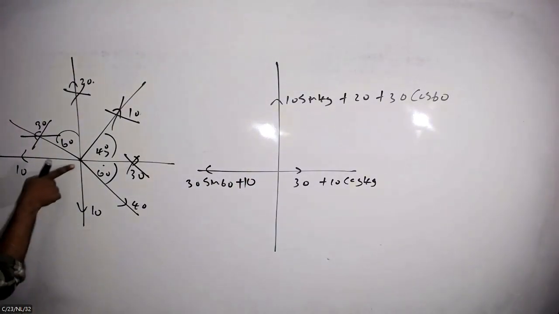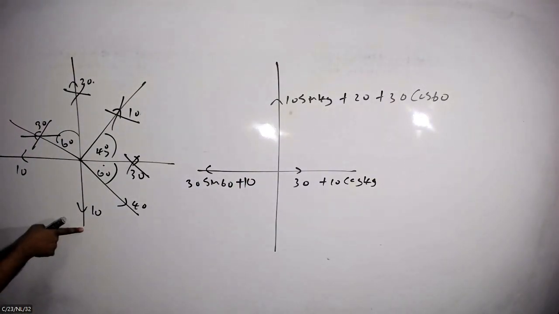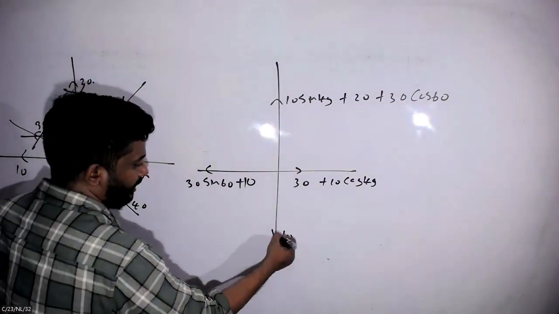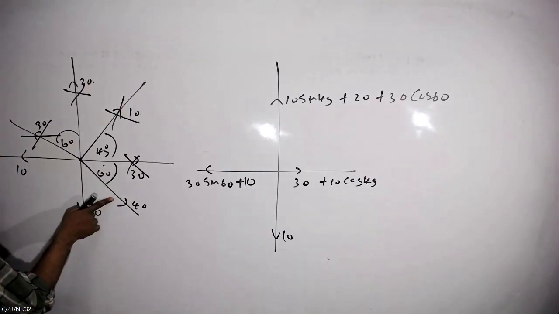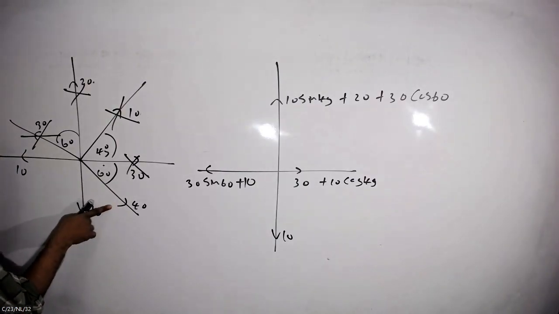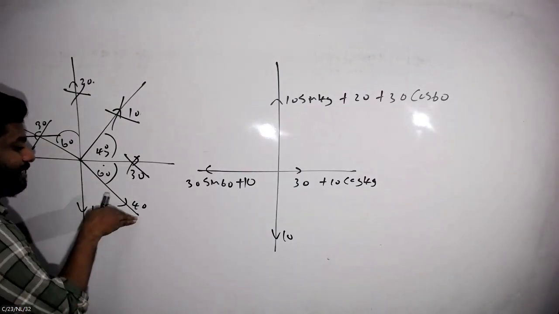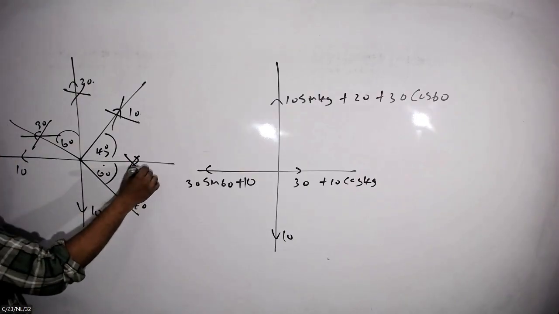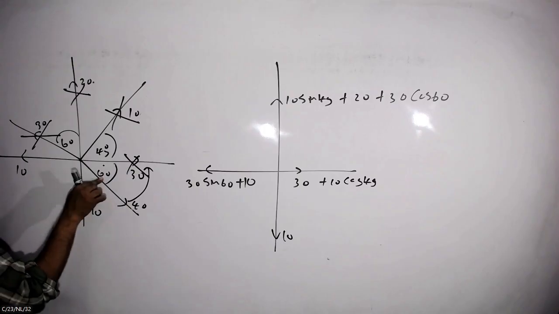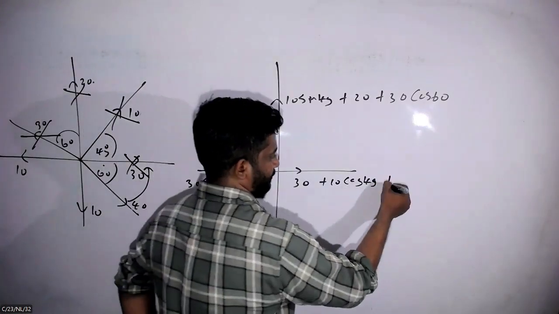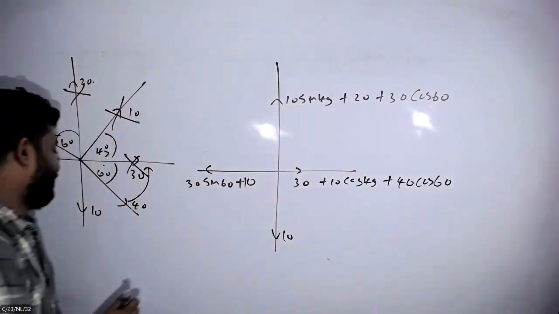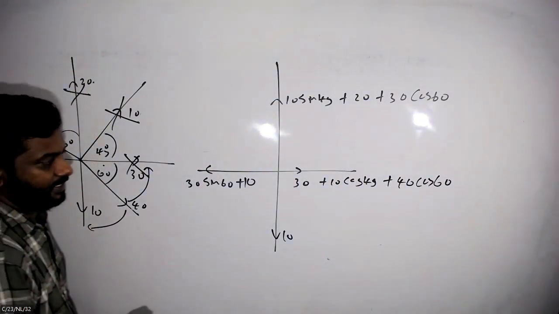Then this one is acting vertically downward, so no need to consider components. Then again, you need to consider the components of this 40 Newton force. There are two components, horizontal and vertical. The horizontal component is 40 cos 60, and the vertical component is 40 sin 60.